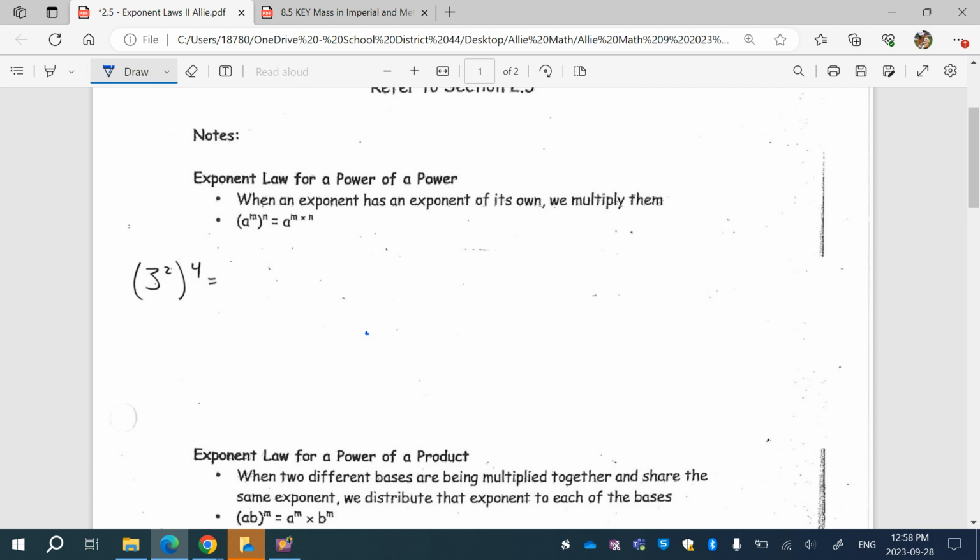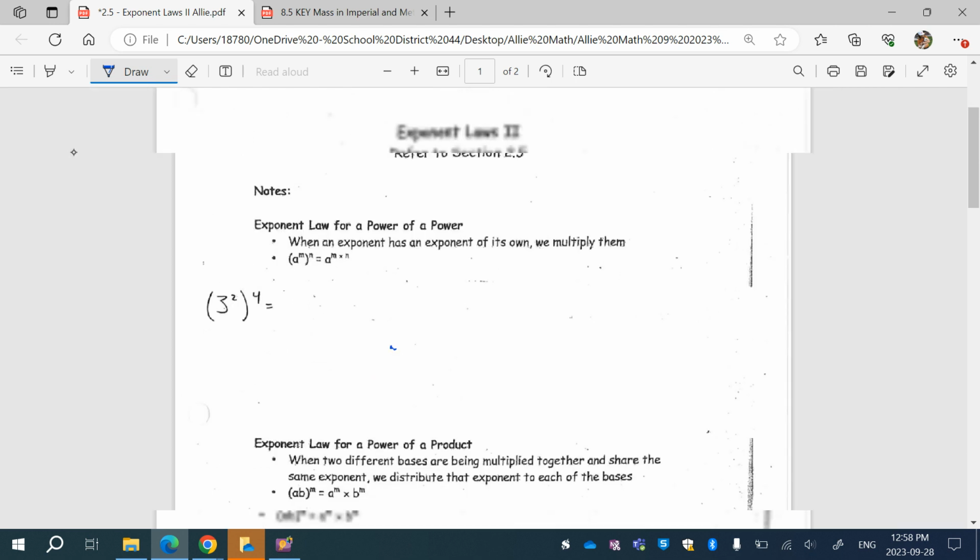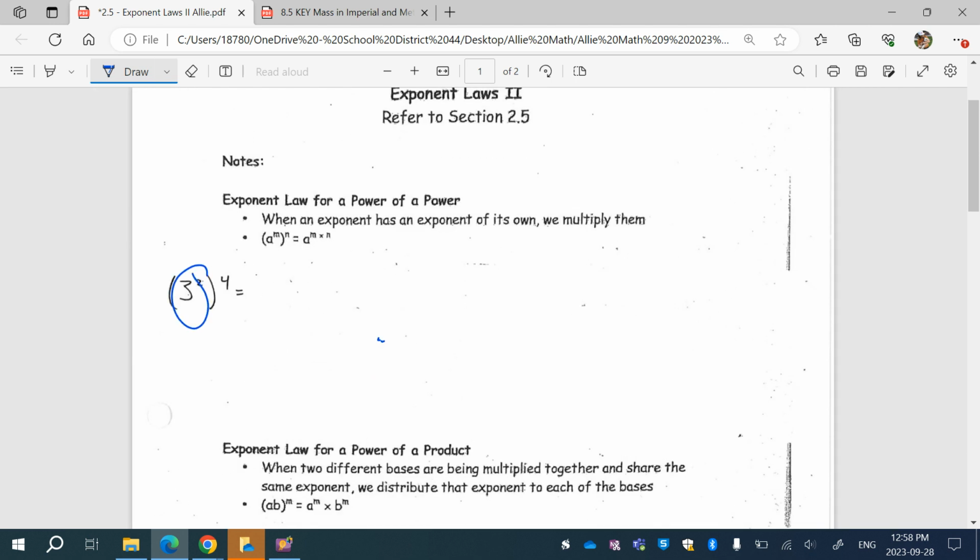Here's why this is true. If we look at this, it's the same as, this is our base now, essentially, to the power of 4. So we could rewrite this as 3 to the power of 2 times 3 to the power of 2 times 3 to the power of 2 times 3 to the power of 2.